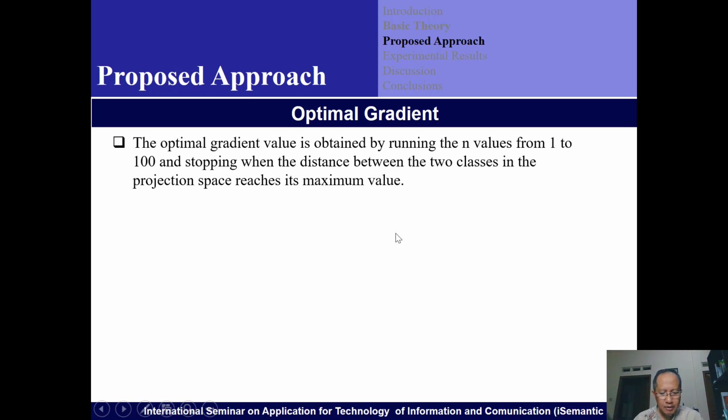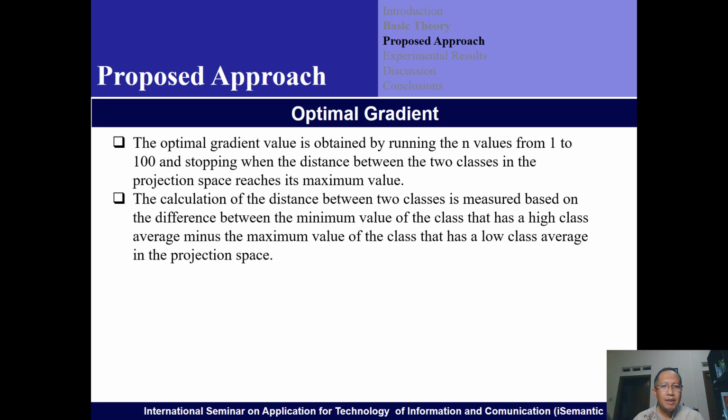This section is a very important part to test empirically whether the proposed new method can be scientifically justified. The optimal gradient value is obtained by running the n value from 1 to 100 and stopping when the distance between the two classes in the projection space reaches its maximum value.